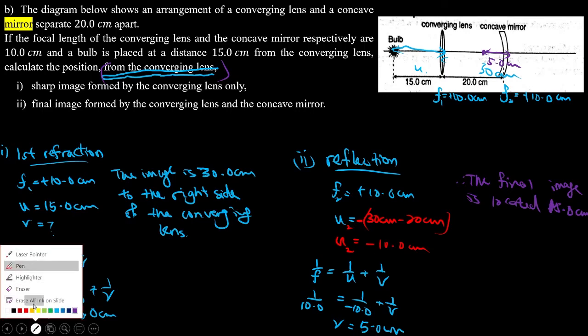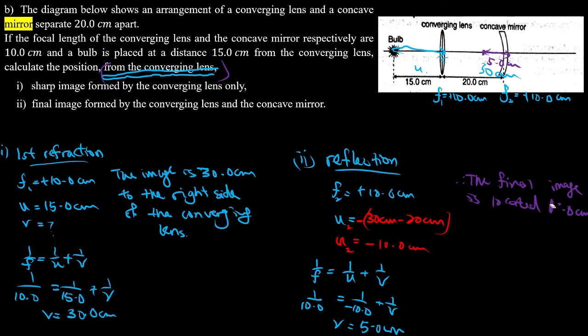Because 20 minus 5, so it's 15 cm. The final image from the converging lens is 15 cm at here. So it's located 15 cm to the right side of the converging lens.